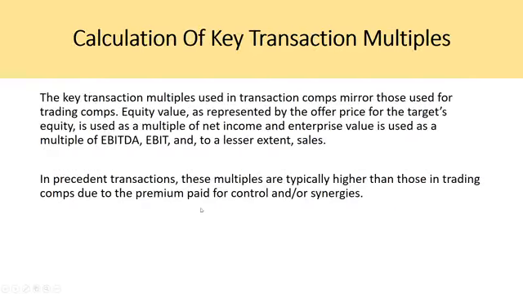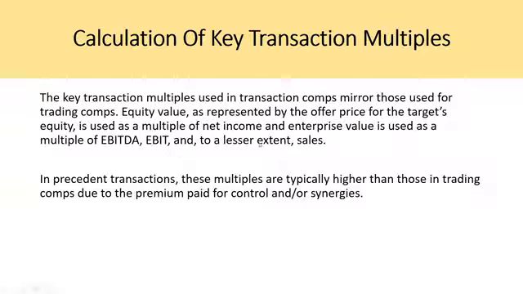Okay? So now the key transaction multiples used in precedent transaction comps mirror those used for trading comps. Equity value, as represented by the offer price for the target's equity, is used as a multiple of net income, and enterprise value is used as a multiple of EBITDA, EBIT, and to a lesser extent, sales.